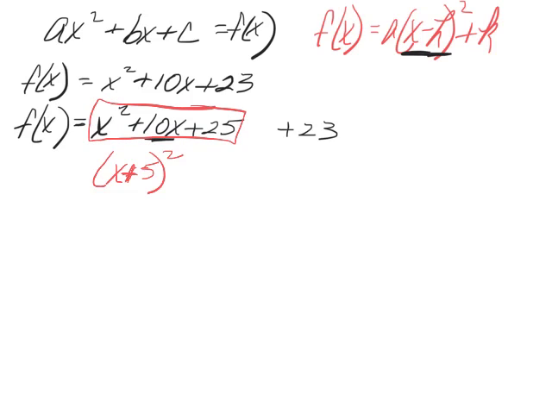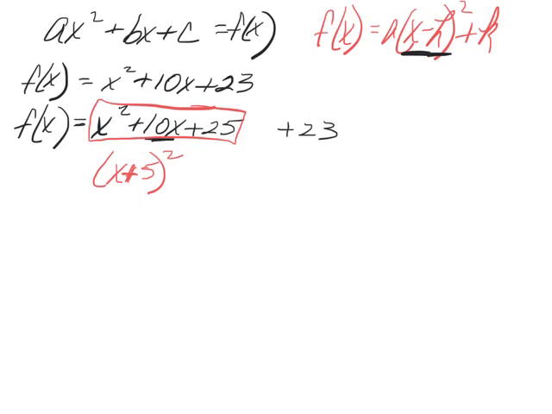Okay, so that's why we do that, because then it begins to look like this here. We had to take half of that and square it, so then it factors down to x plus 5, the quantity squared. So that's why we added 25. But we just took one side of the equal sign and added 25.